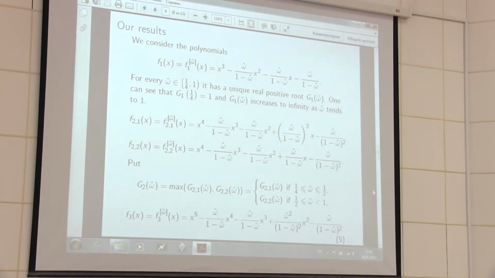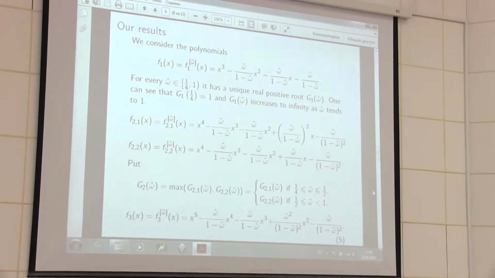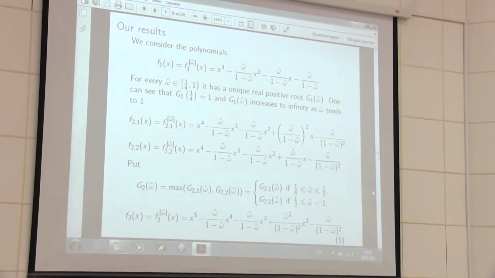We consider some polynomials, as written here. And all the polynomials have the property that they have a unique positive root, and the root increases to infinity as the parameter omega hat tends to 1. It holds for all the polynomials f sub 2,1, f sub 2,2, f sub 3, and f sub 1.